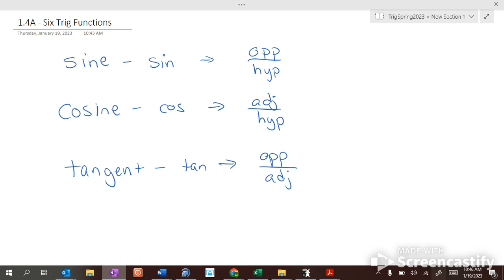Then we have the cofunctions. The cofunction of sine is cosecant, which is abbreviated CSC, and that is just the reciprocal of sine, so it's the hypotenuse over the opposite.